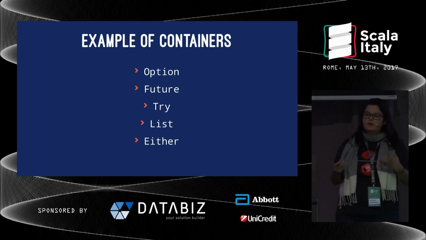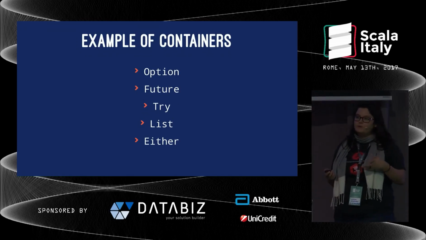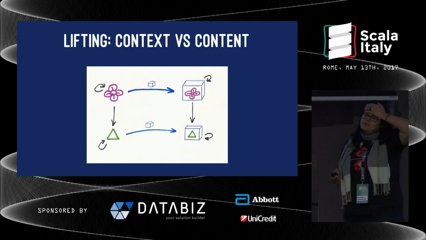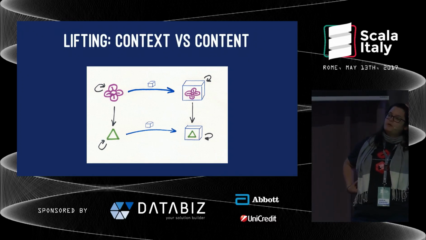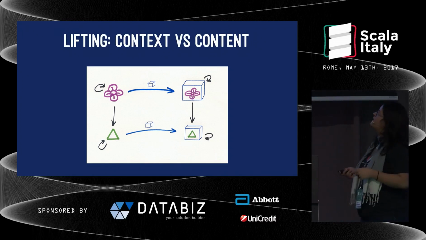So a container is just something that gives us more information about the data that it contains. And this, for me, when studying category theory, was the first moment when I had my real mind-blowing. You know, everything suddenly was clear.